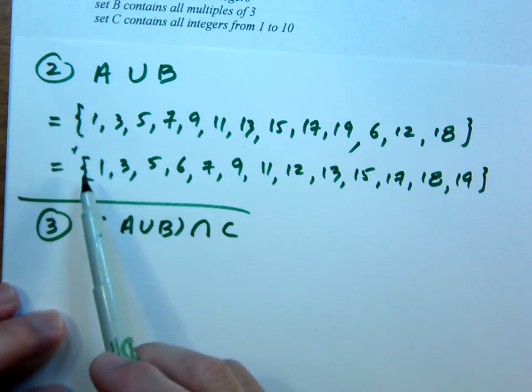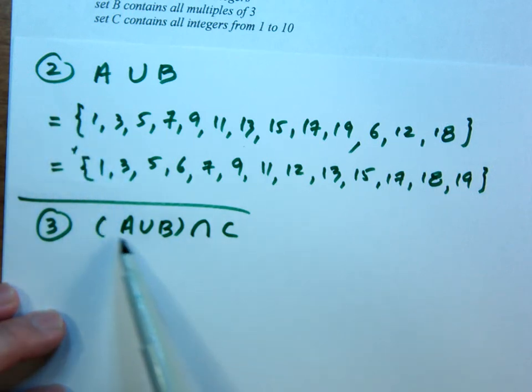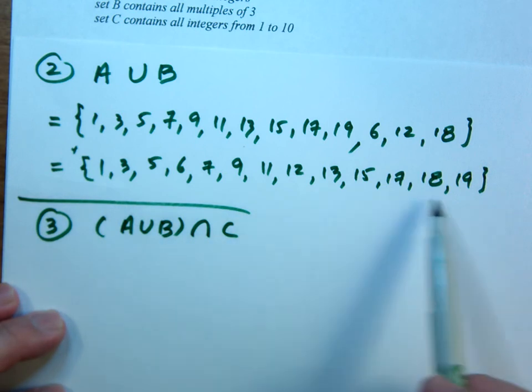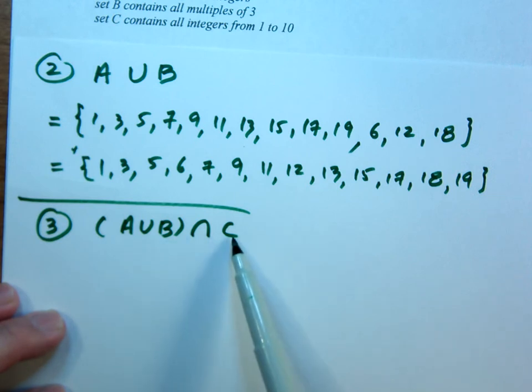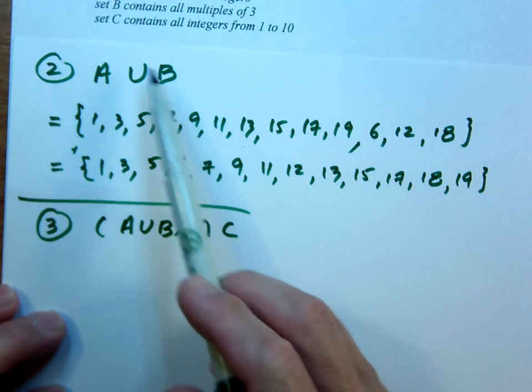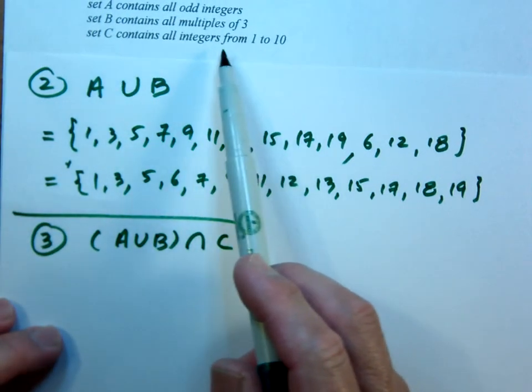Because what we want to do is take the entire A union B and intersect it. Intersect means find the common elements between all of A union B and C. Remember, C contains all integers from 1 to 10.